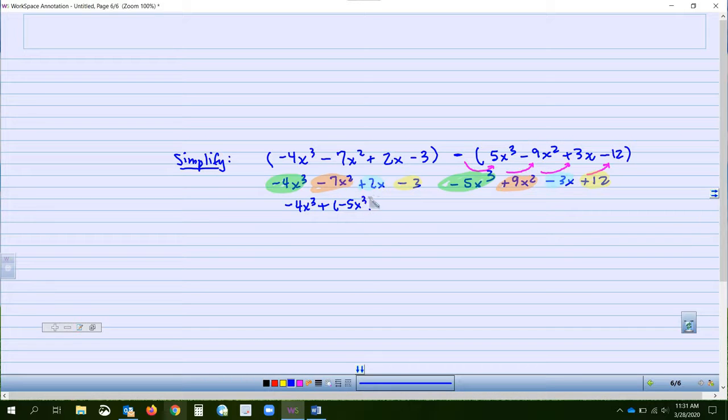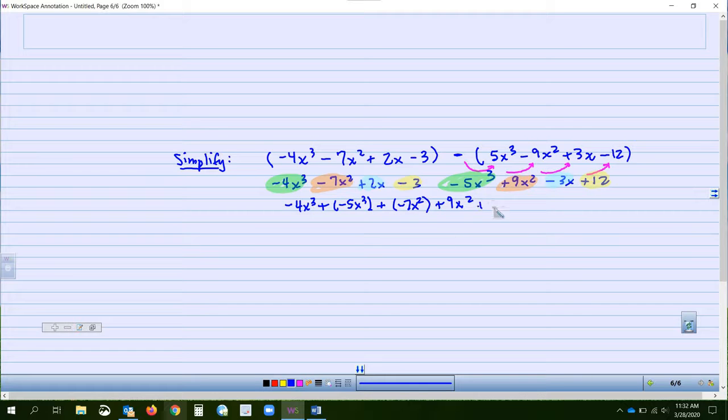All right, I'm going to do everything, by the way, with addition. Subtracting a positive is the same as adding a negative. I like when I get to this point to change everything to addition, just because I think it makes our life easier.